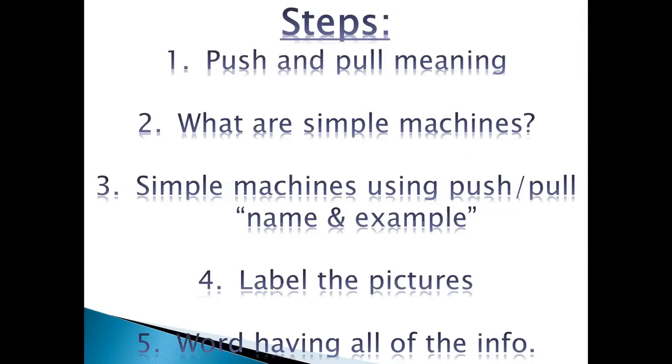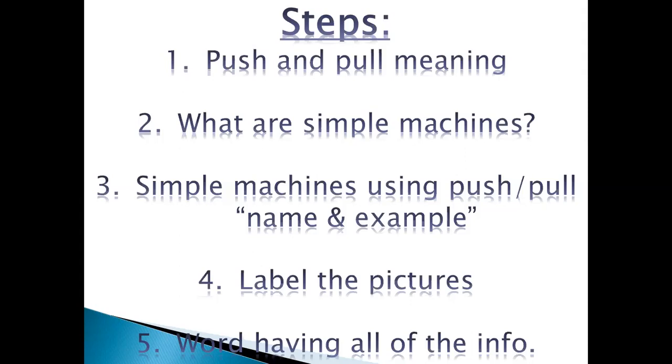When you get your Word file, you will write for me what it means by push and pull. Second, you will write for me what those simple machines are. What does a simple machine mean, and what are the examples of the simple machines? What are the 6 types? Number 3, you will choose the simple machines that are using push and pull.